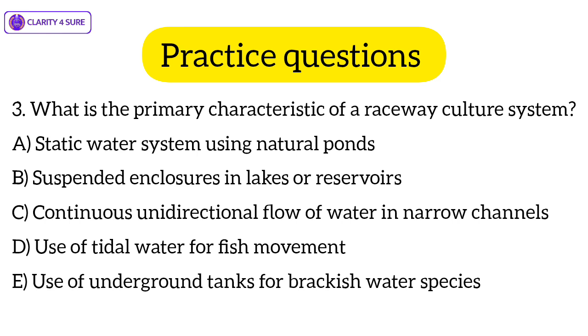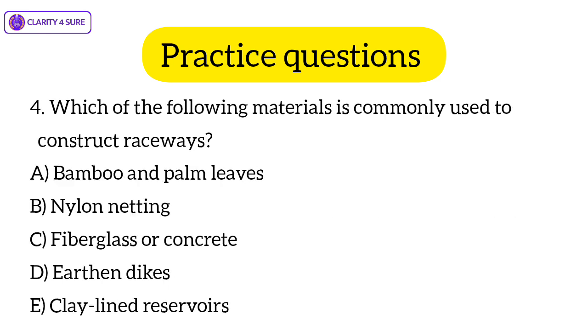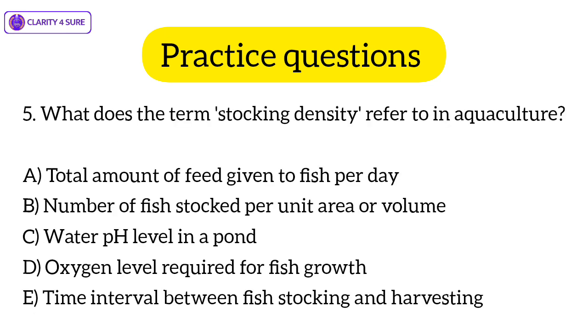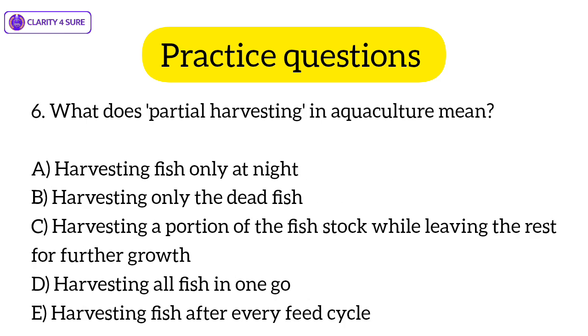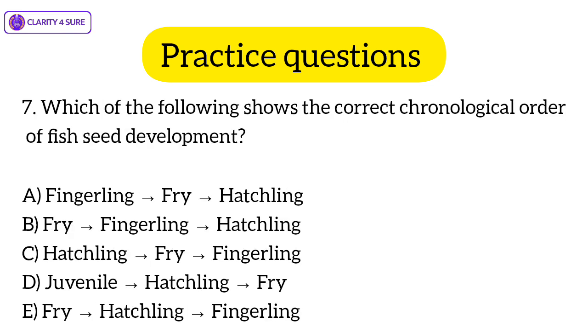Question number 4. Which of the following materials is commonly used to construct raceways? Question number 5. What does the term stocking density refer to in aquaculture? Question number 6. What does partial harvesting in aquaculture mean? Question number 7. Which of the following shows the correct chronological order of fish seed development?